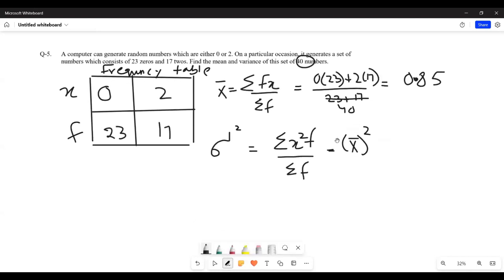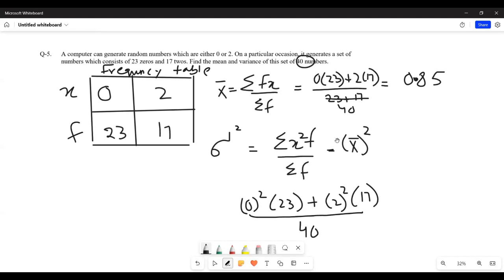So it's going to be 0 squared times 23 plus 2 squared times 17 upon summation of f, which is 40, minus mean squared, which is 0.85 squared.